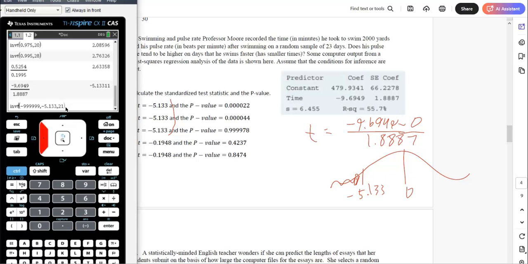Inverse t, it's TCDF, sorry. TCDF. We're trying to find the area under the curve. Oh, wow. 0.0000, wow, there you are. That would be it.